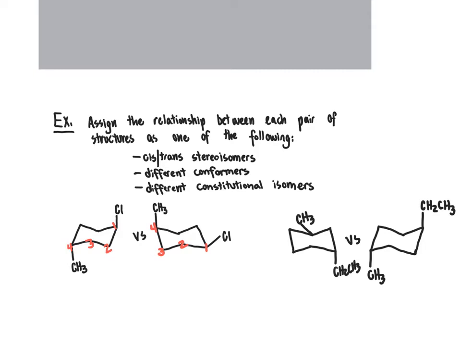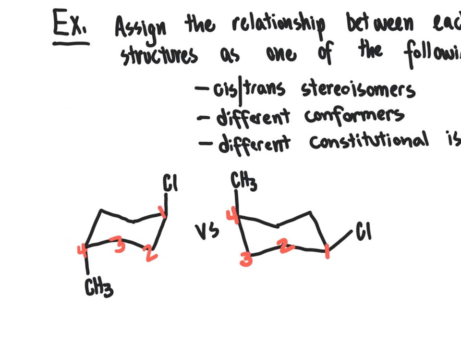So let's next up ask ourselves whether the two molecules are cis-trans stereoisomers. So to be cis-trans stereoisomers, what that means is that if we look at, say, the structure on the left, and we assign whether the bonds both are up or both are down relative to the carbon atoms that they are on, we'll see that the relationship there, the up-down relationship, is the same as on the right.